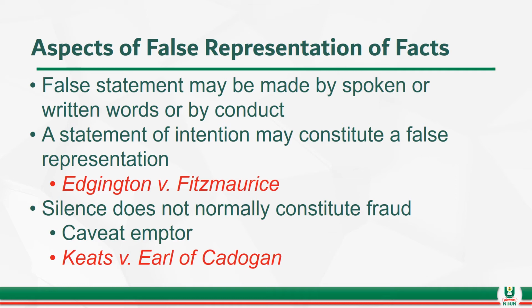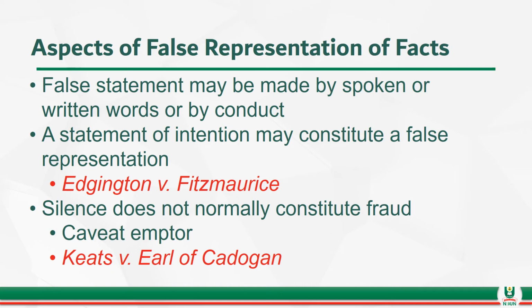It can also constitute a false representation. So if you look at the case of Edgington and Fitzmaurice, a company wanted to sell debentures and said they would use the debentures for development of the company, purchase of assets and all of that, and they knew that was not what they wanted to use it for. The court held that that would also be false representation.